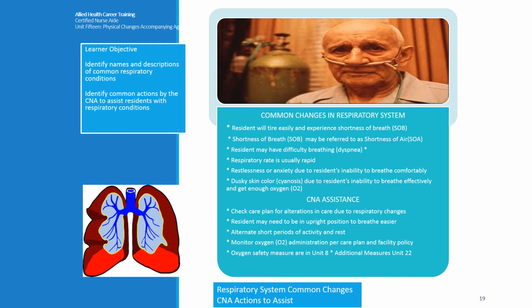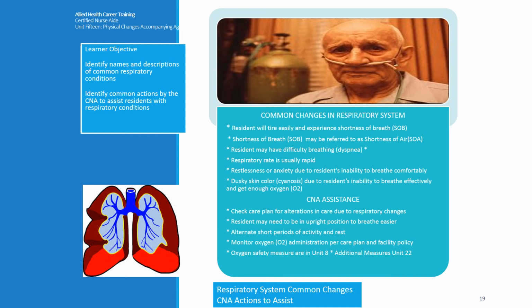Your brain needs oxygen in order to function. So if your brain doesn't have that oxygen going to it, then it's starting to kind of panic, and that will make the rest of your body panic too. Then you also may have that dusky or bluish skin color or the cyanosis due to their inability to breathe effectively and get enough oxygen.